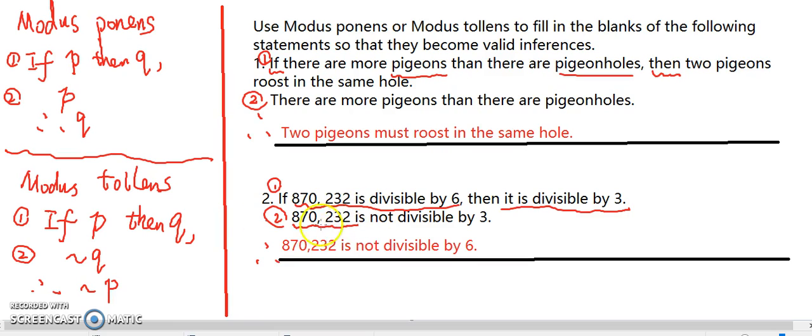And if the sum of all the digits is not divisible by 3, then this number is not divisible by 3. Apparently 22 is not divisible by 3, so you can say this number is not divisible by 3. Therefore, by Modus Tollens, we know that this number is not divisible by 6 either.